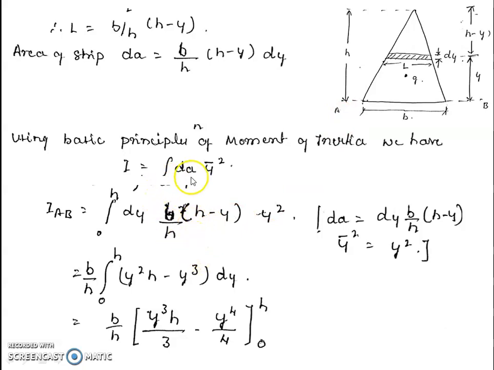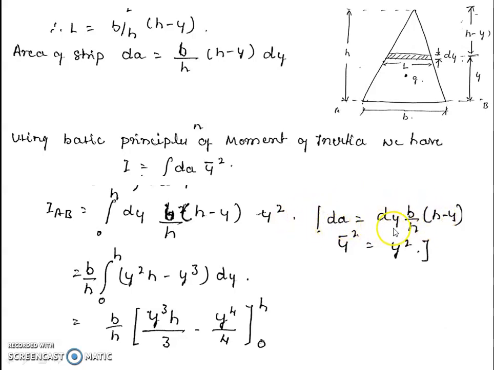That is equal to dA, the area of the elemental strip. I am substituting b by h multiplied by (h minus y), and dy is the width of the strip. That is multiplied by distance squared, y bar. Here y bar is y. I took y as the distance between the reference axis and the elemental strip.